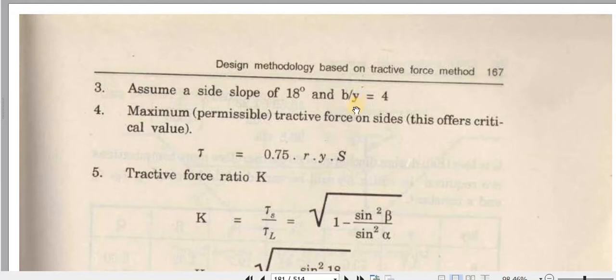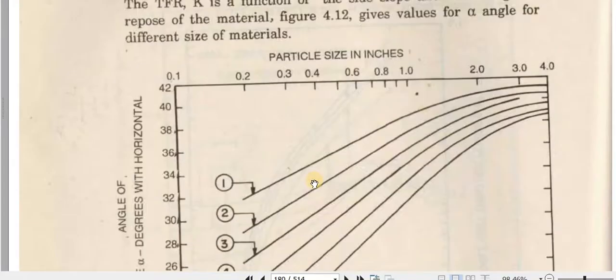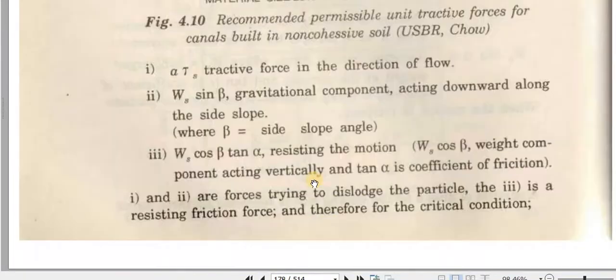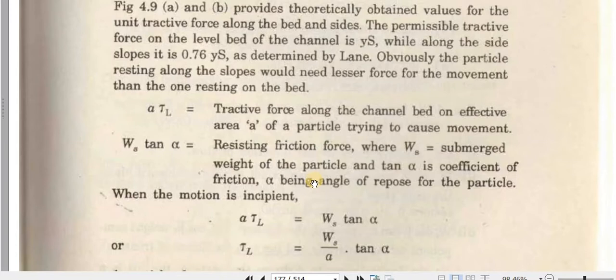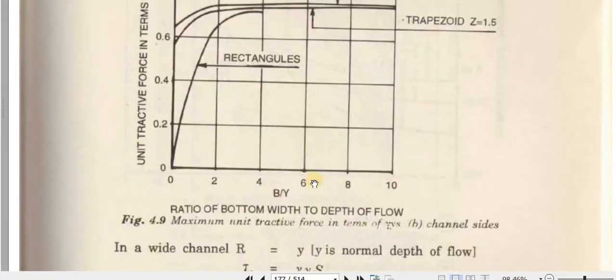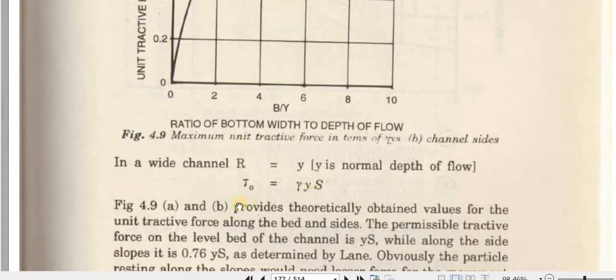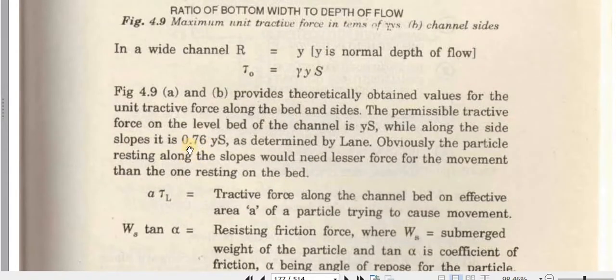In this case, B over Y is equal to 4, and the maximum tractive force on the side particle is equal to 0.75 gamma YS, and this is basically 0.76.